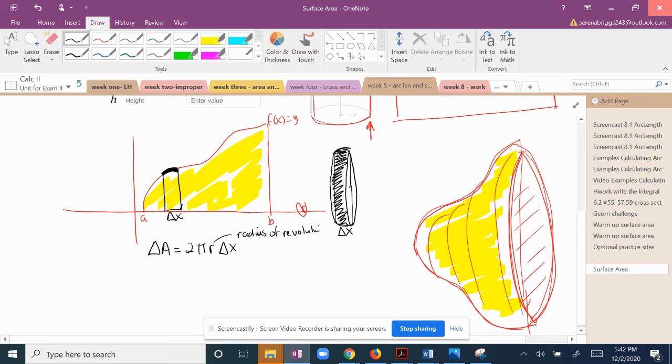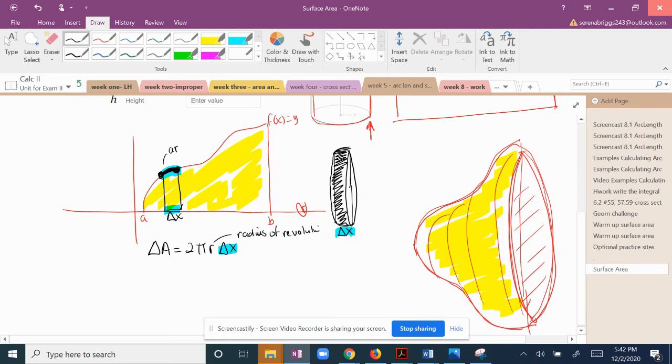But the problem lies right here. Delta x is not straight across. It's straight across here, but it's not straight across there. There's some curve to it, and we have to account for that. How do we find how long that is from here to here?